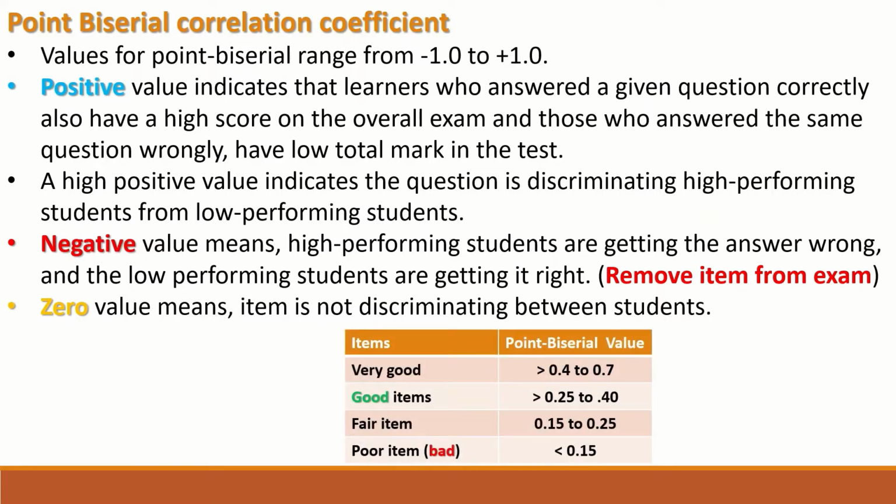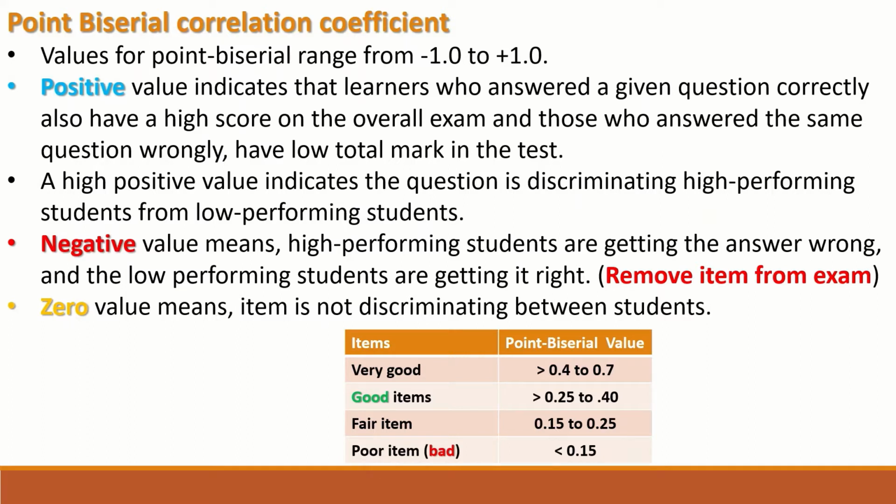In this small table, any point-biserial value that is greater than 0.4 indicates that the question is very good, and a value of 0.25 to 0.4 suggests a good item. A fair item has a point-biserial value of 0.15 to 0.25.